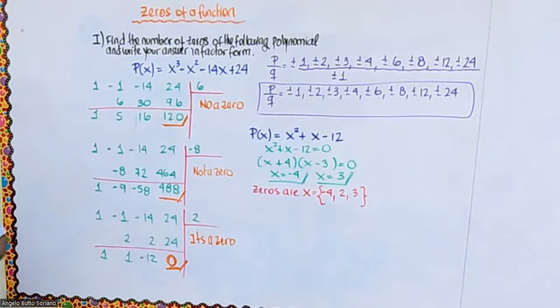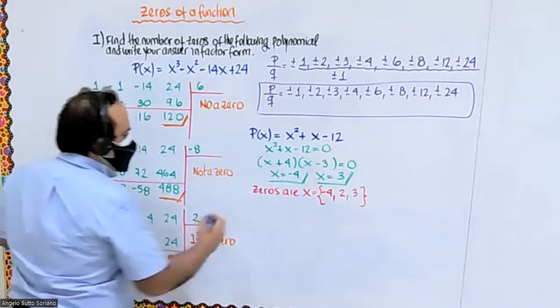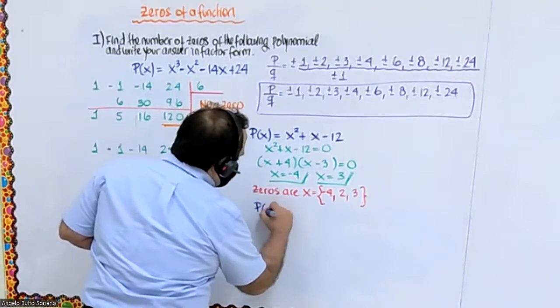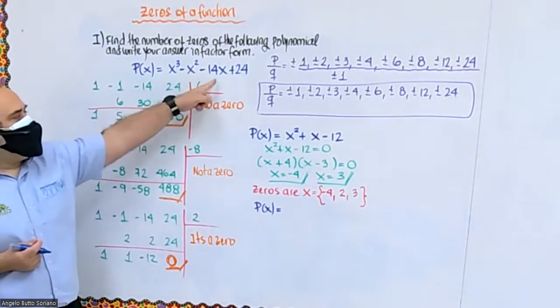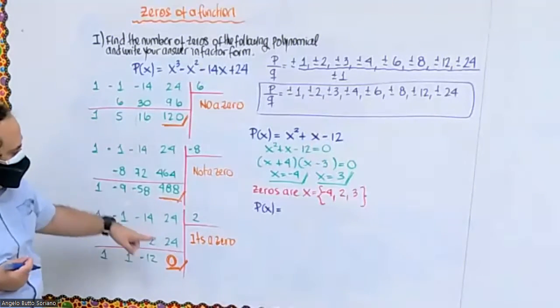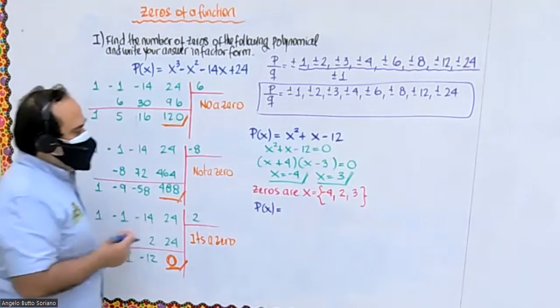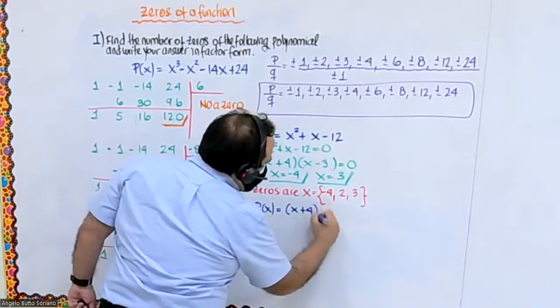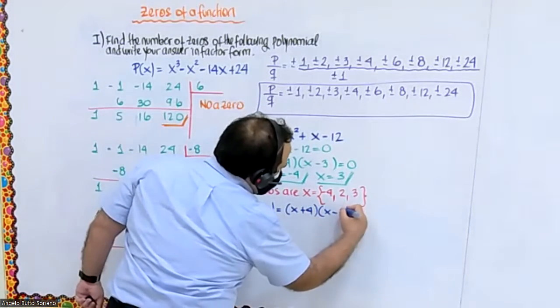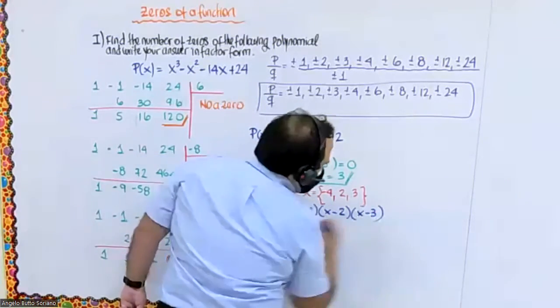But remember, we have to write this answer in factored form, previously to solving for x. If the expression was x cubed minus x squared minus 14x plus 24, and the first one was x equals 2, the answer will be x plus 4 times x minus 2 times x minus 3.